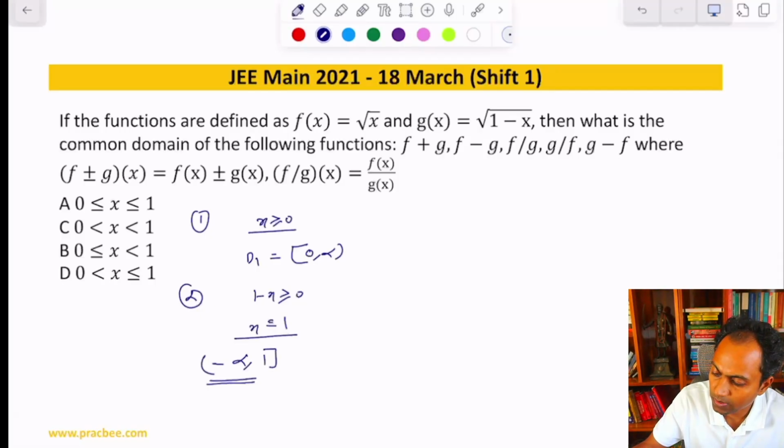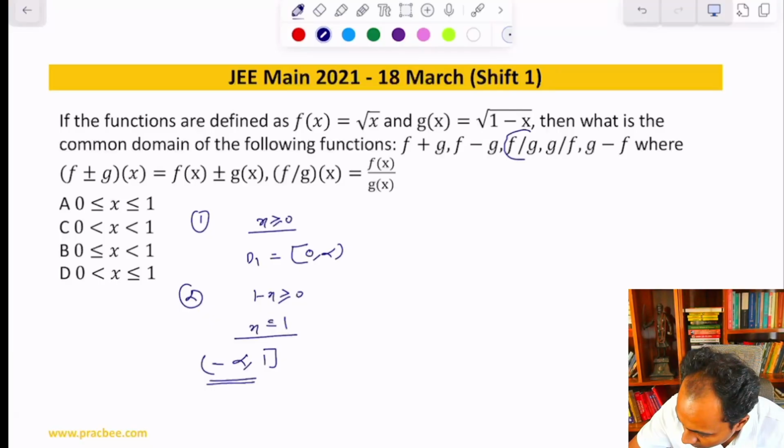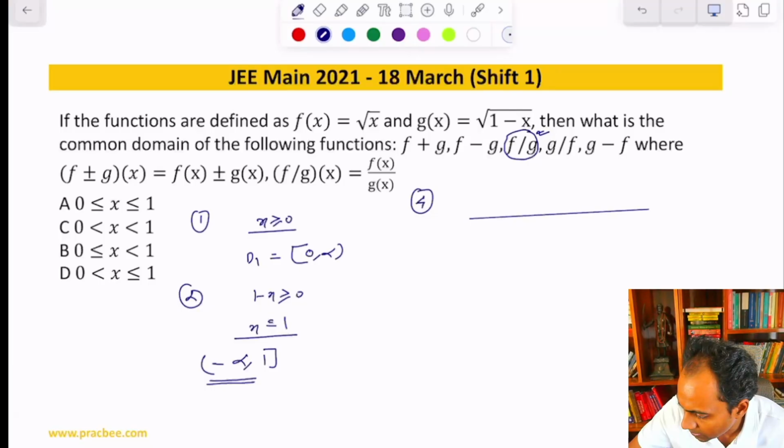Now there is one more thing we will have to consider. Everywhere else it would be an intersection, but here you also can't take g(x) as 0. So if I consider these two ideas and take the intersection, the domain of the first function was 0 to infinity.